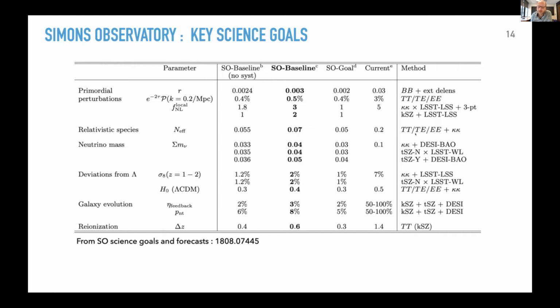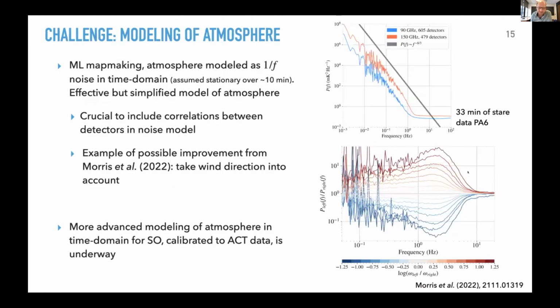So we're really getting to the regime where we're using these secondary probes of the CMB as full-fledged science. All right. So now going on to the data challenges.